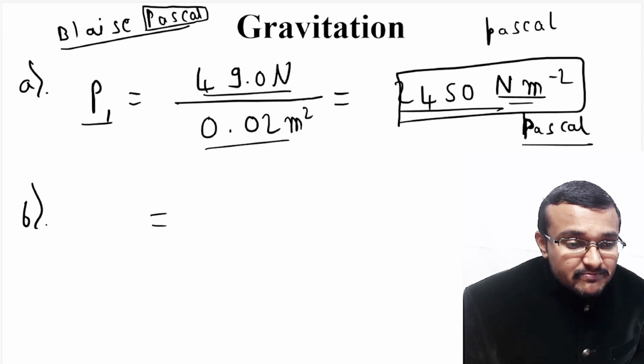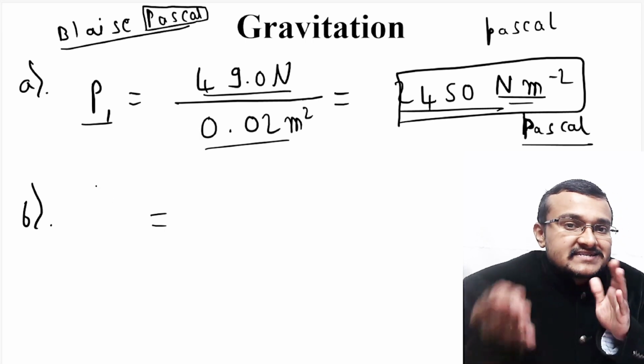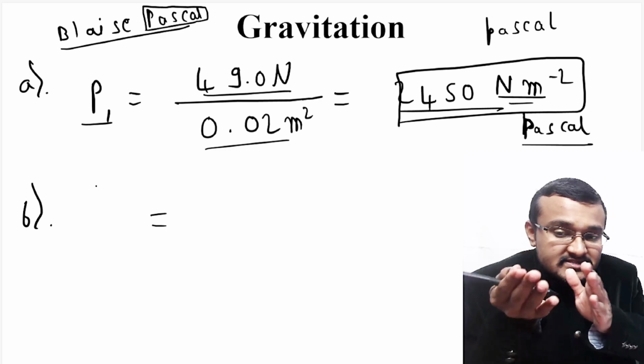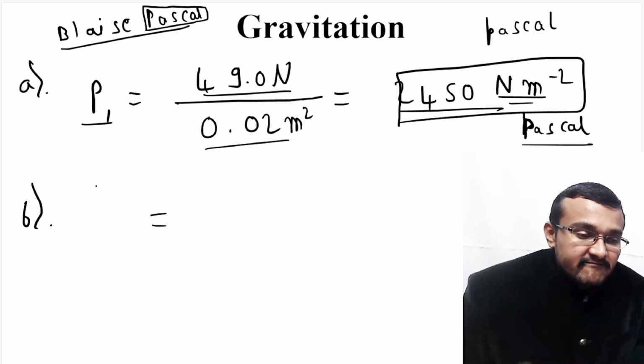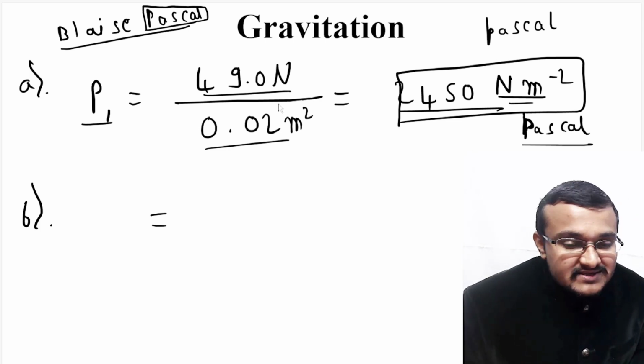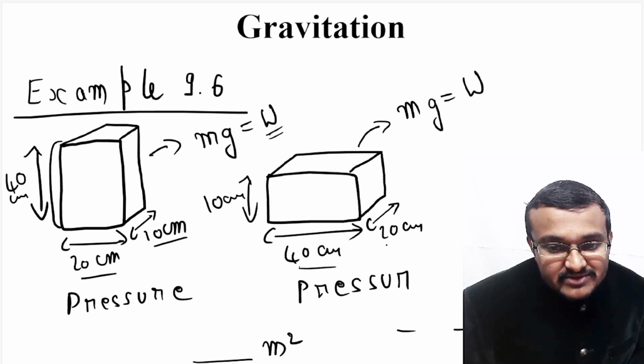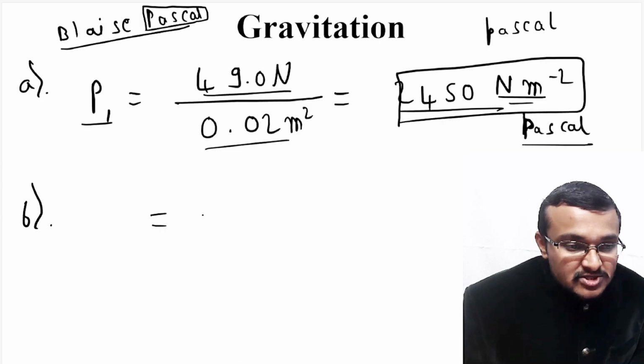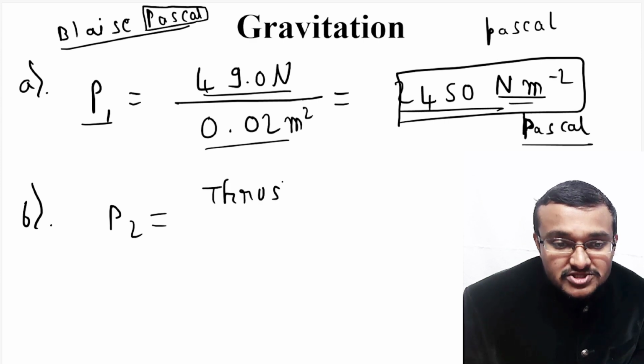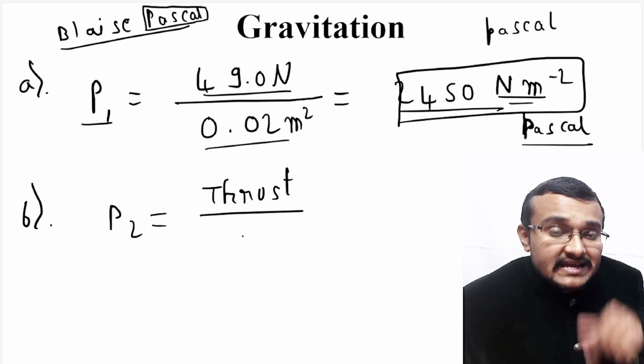Now coming to the B question, here the case is different. The same wooden block is kept in this way, where its length and breadth are 40 centimeter into 20 centimeter. While calculating pressure P2, you have to take area A2. The same thrust will be there because the weight of the object is the same, but the area is different.